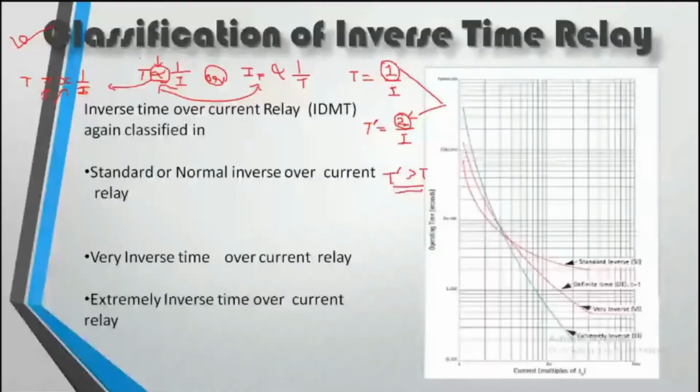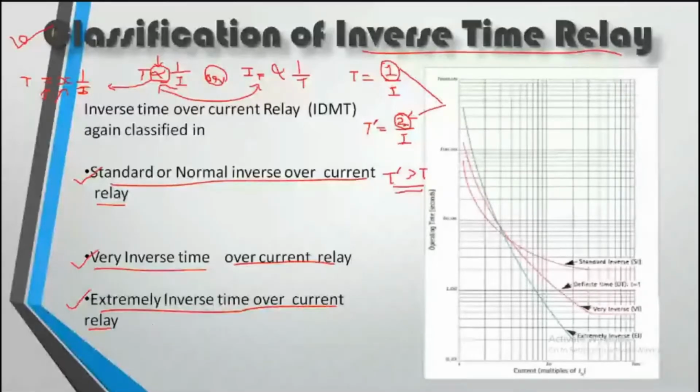And according to this, the inverse time over current relay can again be classified into three different categories. First one is a standard or normal inverse over current relay. Second one is the extremely inverse type of over current relay.